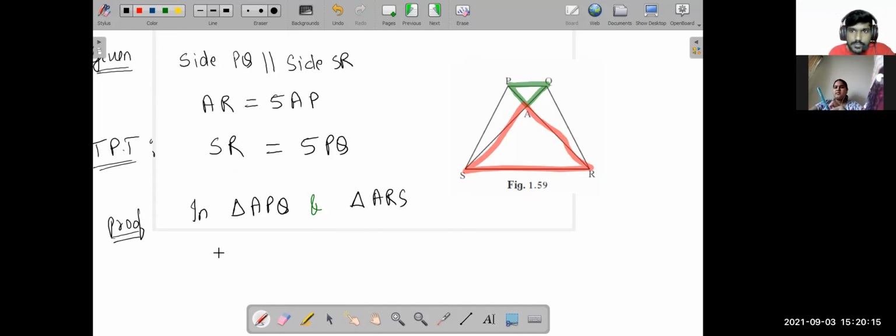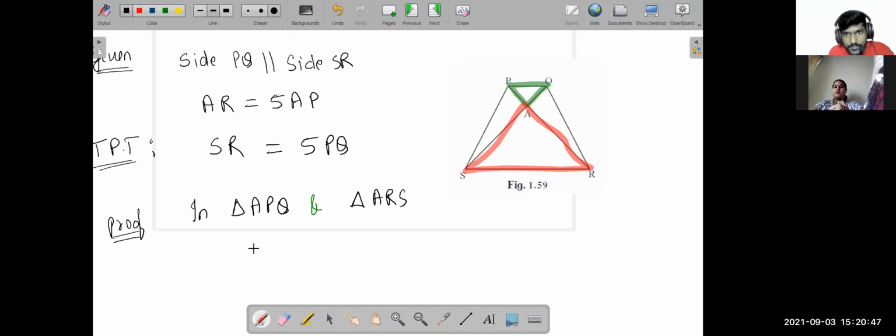The base is parallel. Okay, bases are parallel. I asked congruent. Anything that you can see that is congruent, any side or any angle? PR and QS, they are equal to each other? No. This angle A, because vertically opposite.